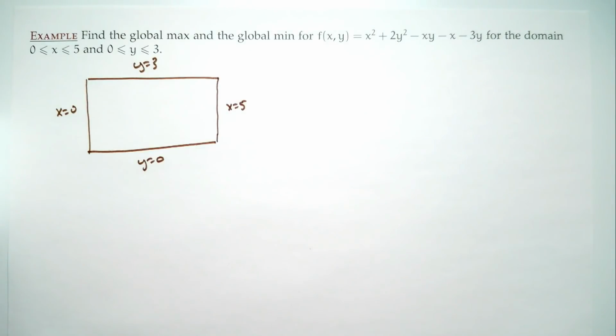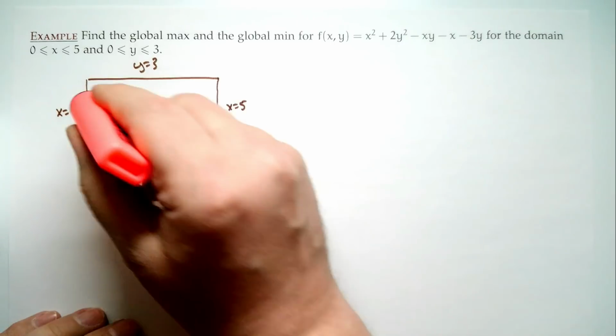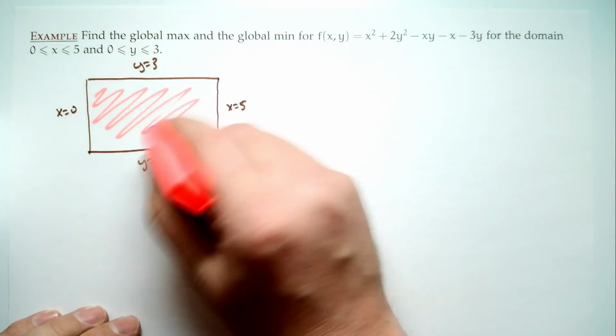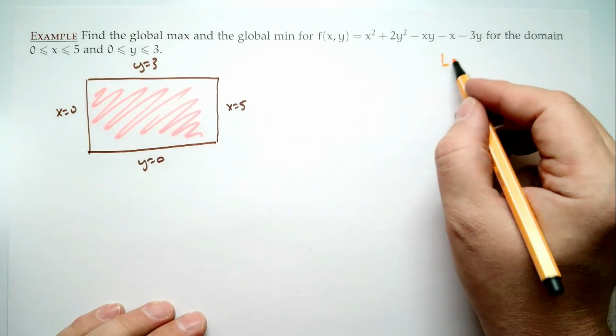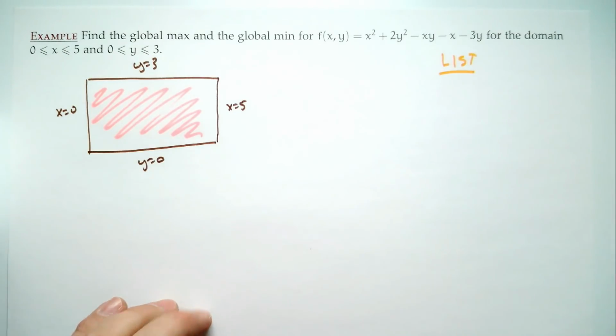And then that's the edge. Of course, we also have all the points in the interior. Okay, so there's our domain. All right, so we're ready to start our process, which means we're going to make a list. So I'll have my list over here, which will continue to expand as we go through.